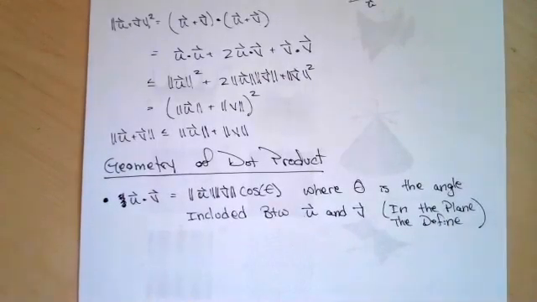So if we take our vectors u and v as directional vectors in a plane, in that plane we can draw an angle between u and v, and that gives us the angle theta.